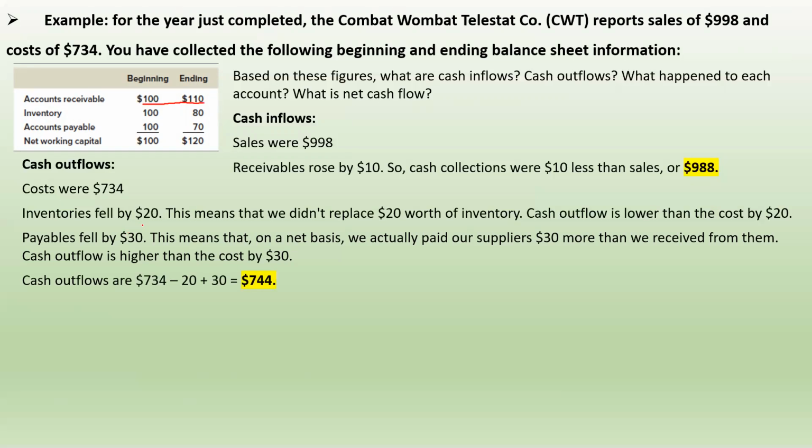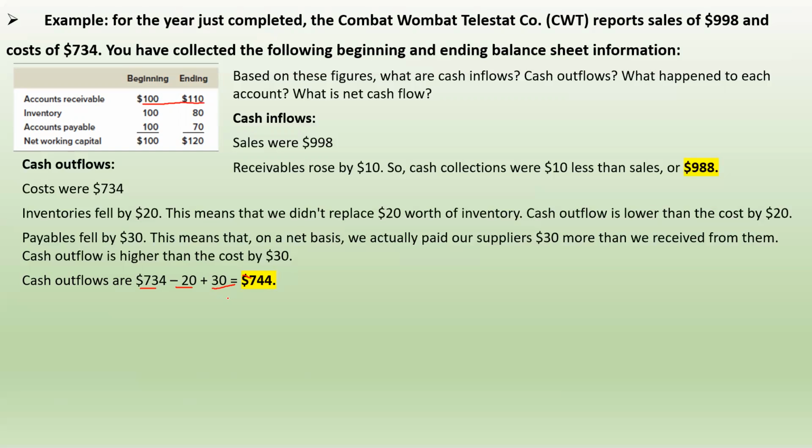So the cash outflow is the cost of goods sold minus this $20, because that's part of the raw material we used to produce our products, but those parts we actually paid our suppliers for in the past year, and then add $30, because accounts payable fell by $30, which means that we paid more to our suppliers.